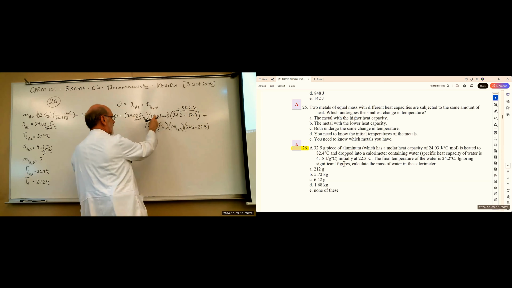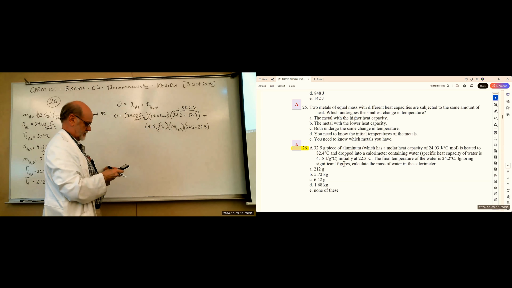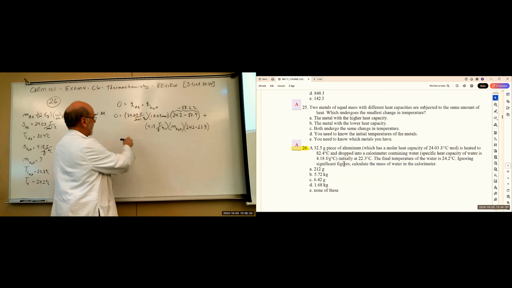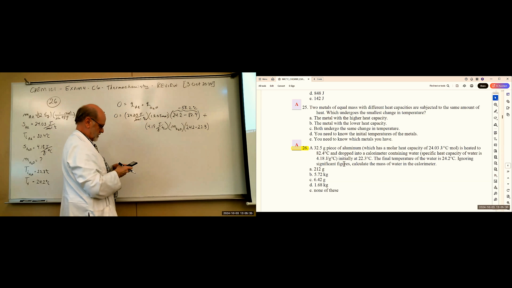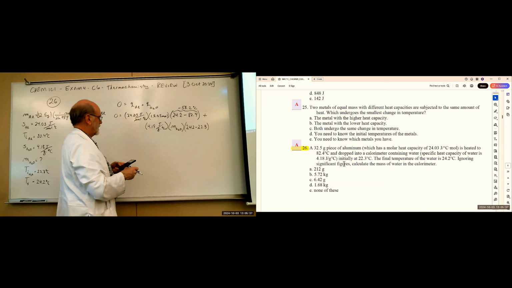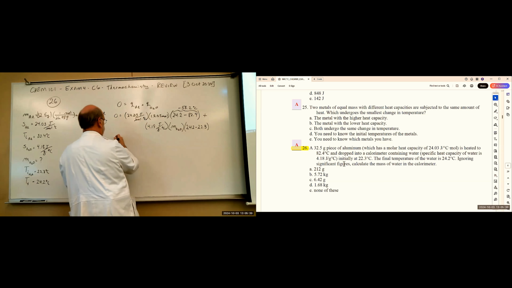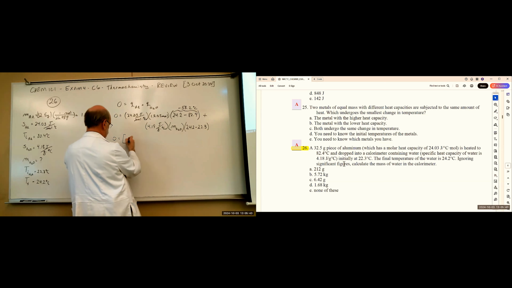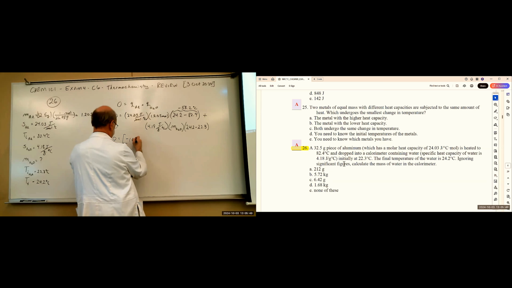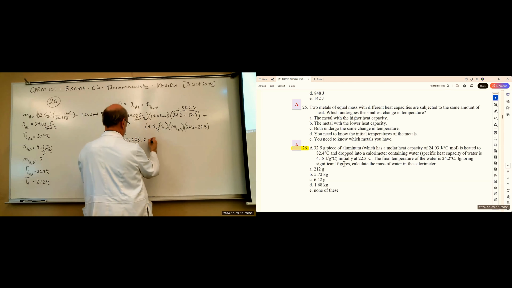Okay, so times 1.205 and times 24.03. So the first term here, 0 equals, this first term is minus, I'm going to put this in standard notation, 1,685.2 joules.